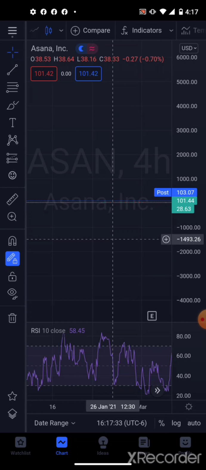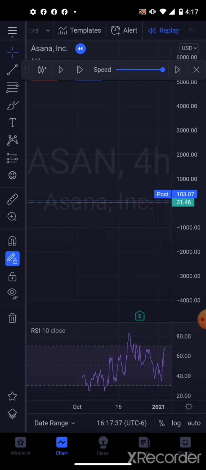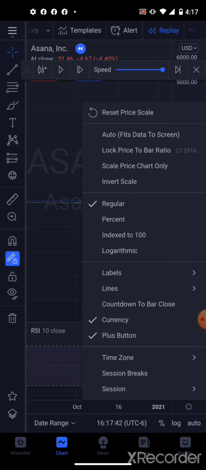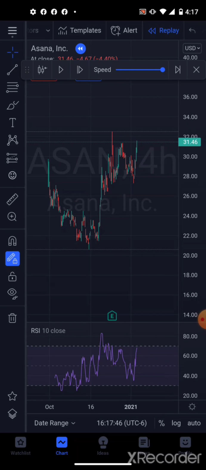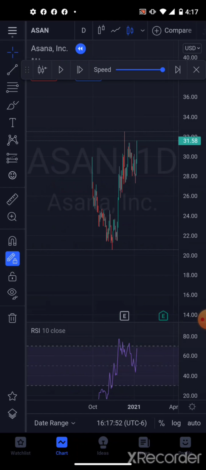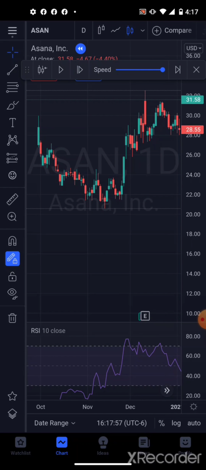So what I'll do is on top here, bar replay, go back. Alright, good. Hit settings, go to reset price scale. Minimize price. Looking at the 4 hour, we're going to bump this to the daily time frame. Push in price just a little bit to the bottom of the screen.